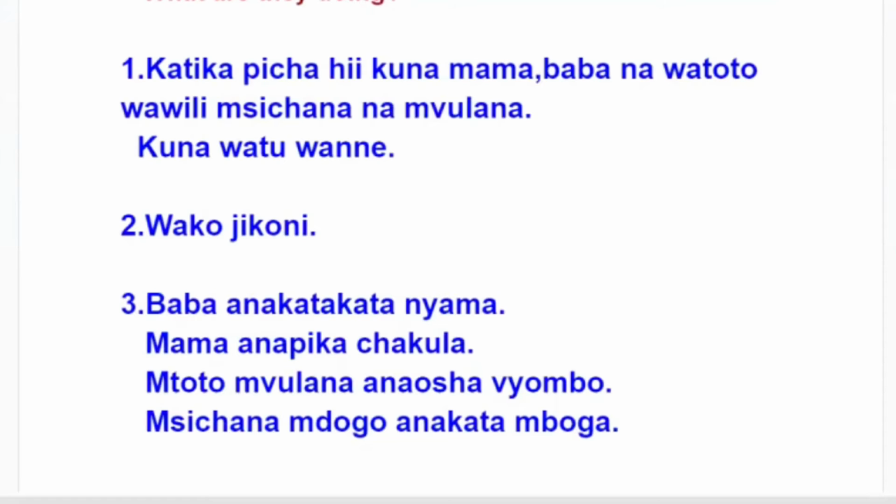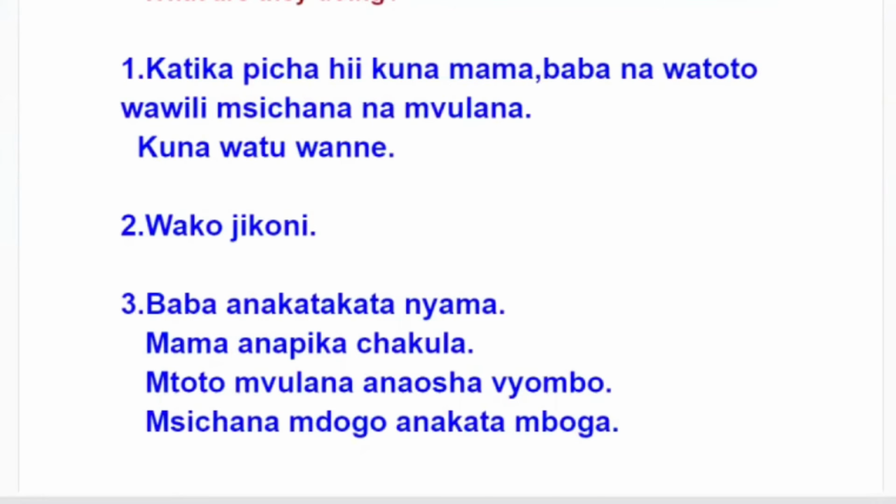Msichana, a girl, and mvulana, a boy. So you have identified the people in the picture according to what you can see.